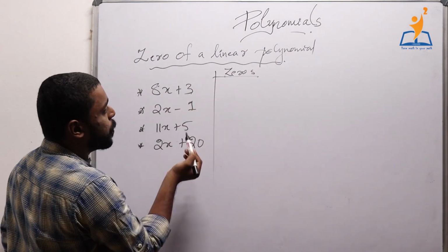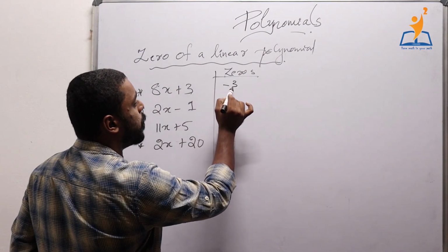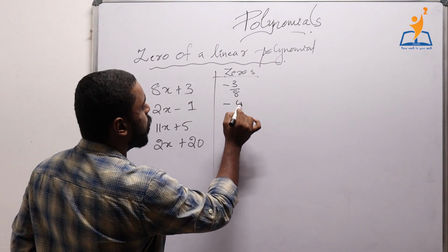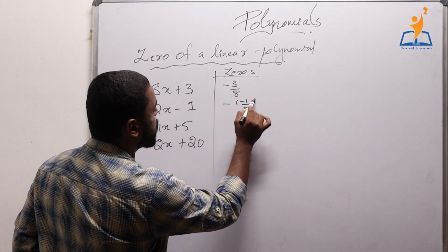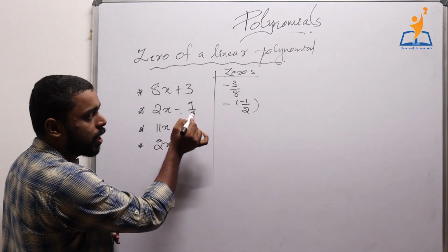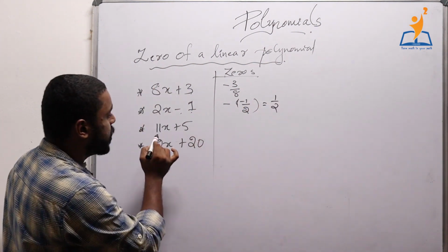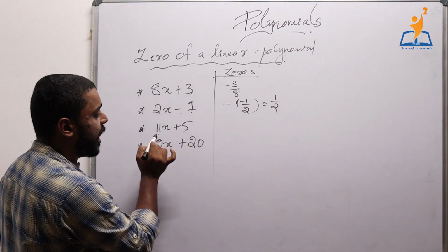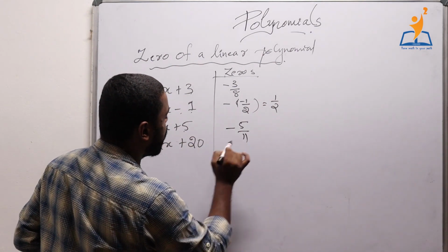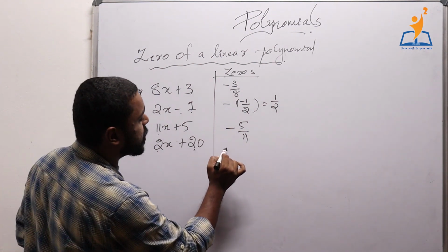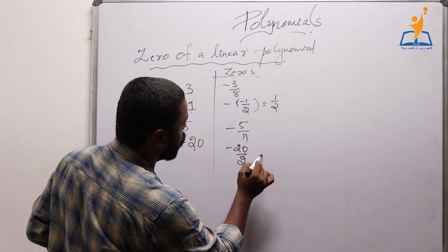The 0 of 8x plus 3 is nothing but minus 3 by 8. The 0 of this one is minus of minus 1 by 2, since here b is equal to minus 1, so minus b by a equals 1 by 2. For this one, b equals 5, a equals 11, so minus 5 by 11. For this one, b equals 20, a equals 2, so minus 20 by 2.